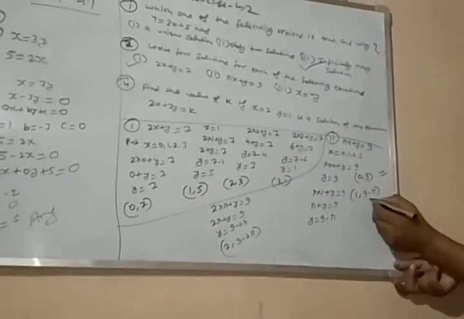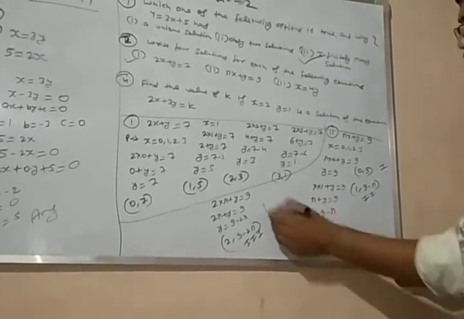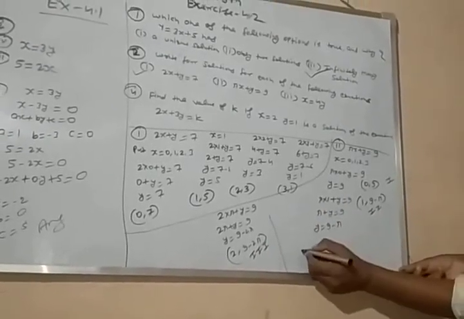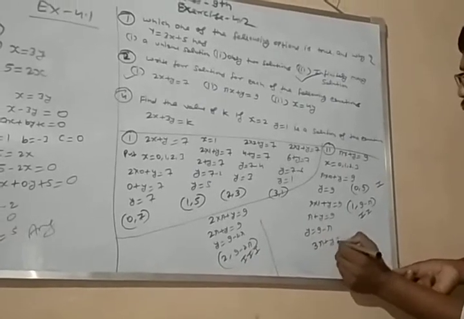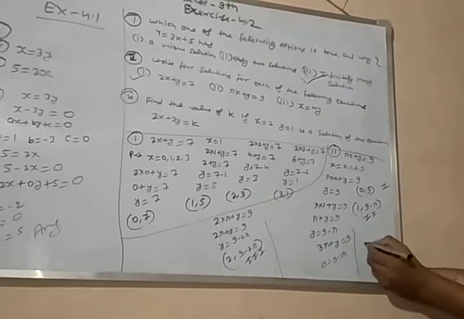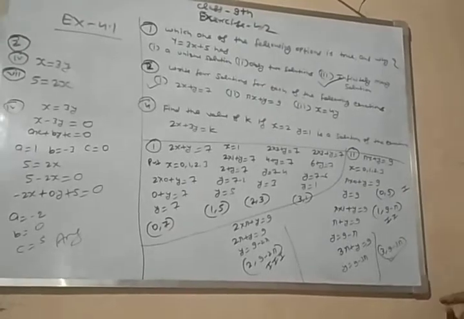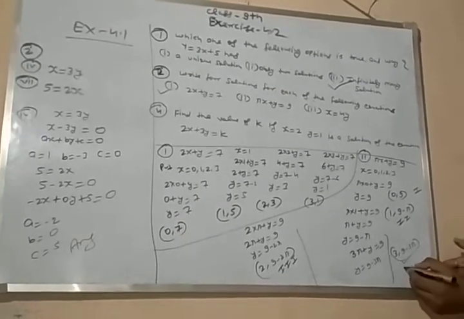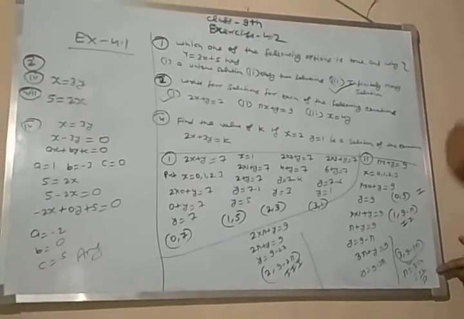And last solution, 3 pi plus y is equal to 9. y is equal to 9 minus 3 pi, means 3 comma 9 minus 3 pi. This is the fourth solution. You can put pi value 3.14 or 22 by 7.